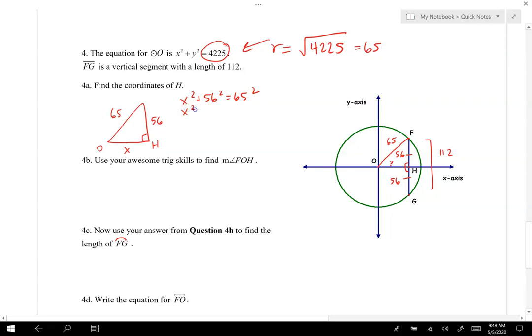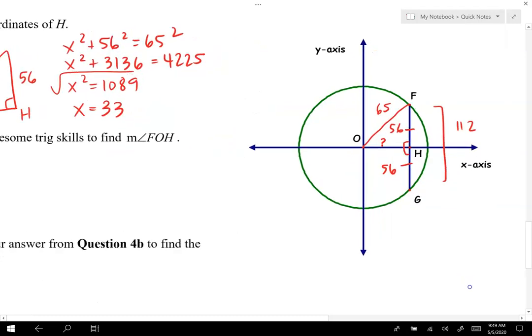So x squared plus 3,136 equals 4,225. And when I move that over, I've got x squared equals 1,089. And believe it or not, I believe that's a perfect square. But I wrote something in my calculator that made my calculator not want to do it. All right, so x equals 33.